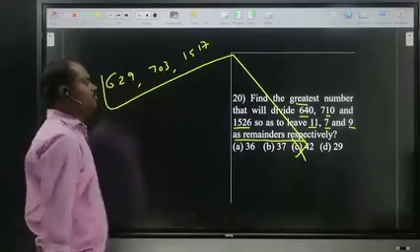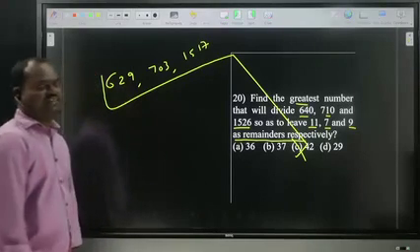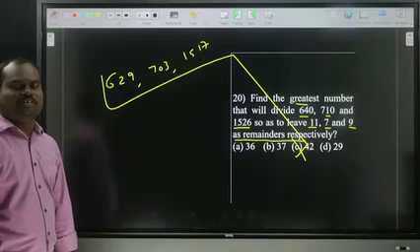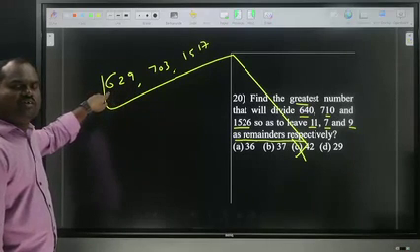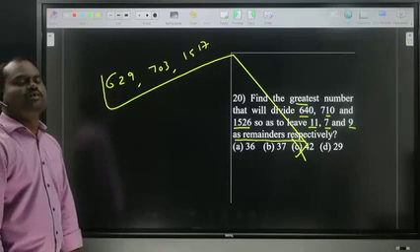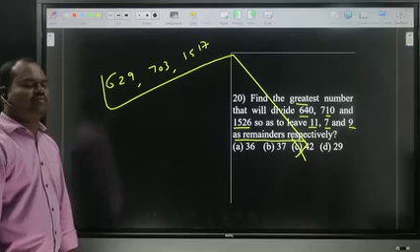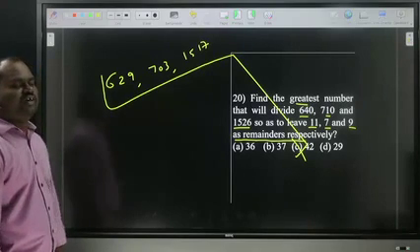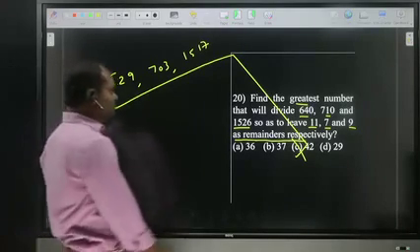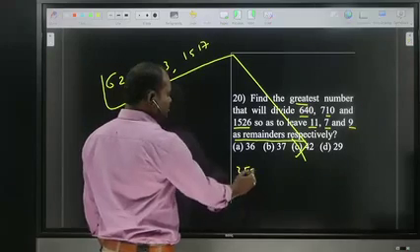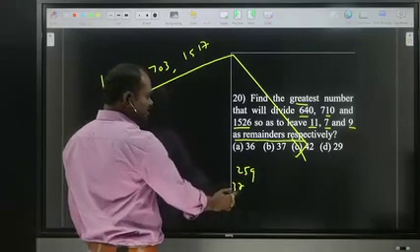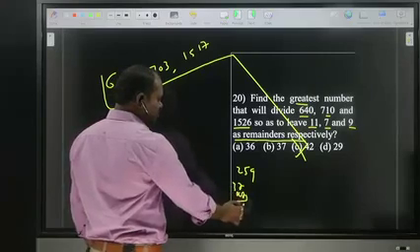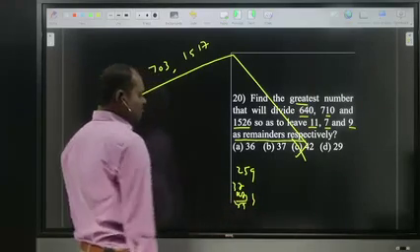Now, what is the next highest option? 37. Check the 37 table. 37 ones are 37, so 629 minus 370 leaves 259. Can you get 259 in the 37 table? We have to get the end digit 9, so it may be 7 times: 7 sevens are 49, and so on, that works.